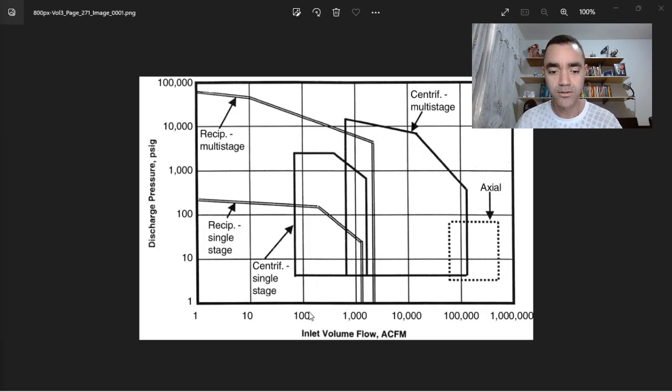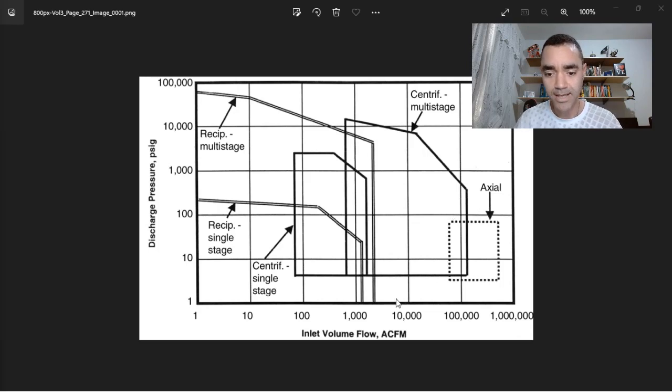So based on that, you can see that as you increase the actual volume flow, you pass from the boundaries of the reciprocating compressor. So here we have different boundaries according to different types of compressors, and there is no absolute truth.